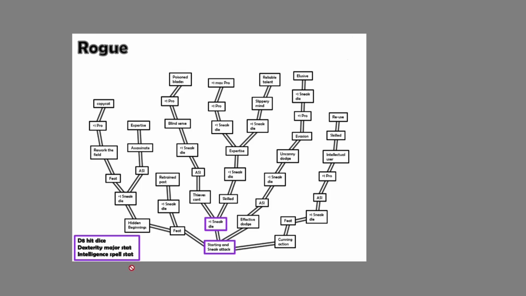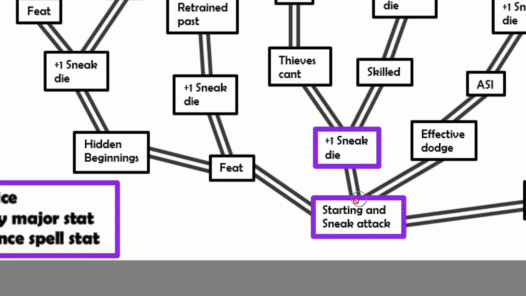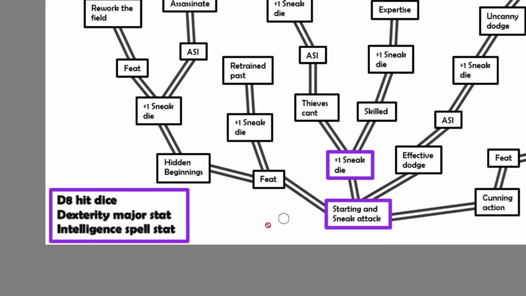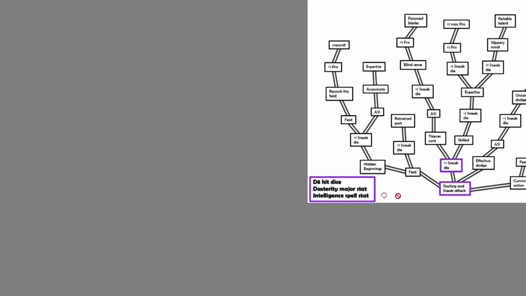But a few things to mark down before we even talk about anything else. Notably, the starting benefits of this first node will only be applied to your character if it is your main class, which means that I'm only going to be getting the starting benefits of Rogue because it's my main class. Also, the bottom left corner of the Rogue defines us as having a D8 hit dice and intelligence as our spell casting stat.